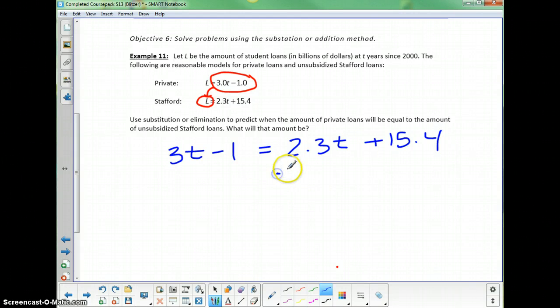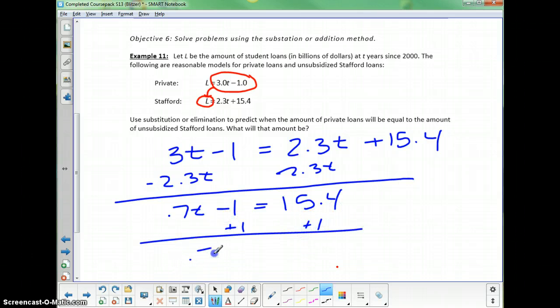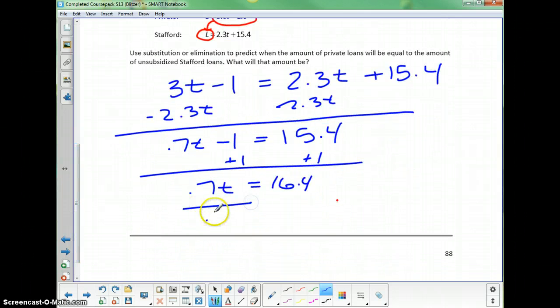Let's go ahead and subtract the 2.3t from both sides. 3 minus 2.3 is going to be 0.7t minus 1 equals 15.4. Add the 1. I'm going to get 0.7t equals 16.4. I'm going to use my calculator to divide both sides by 0.7.